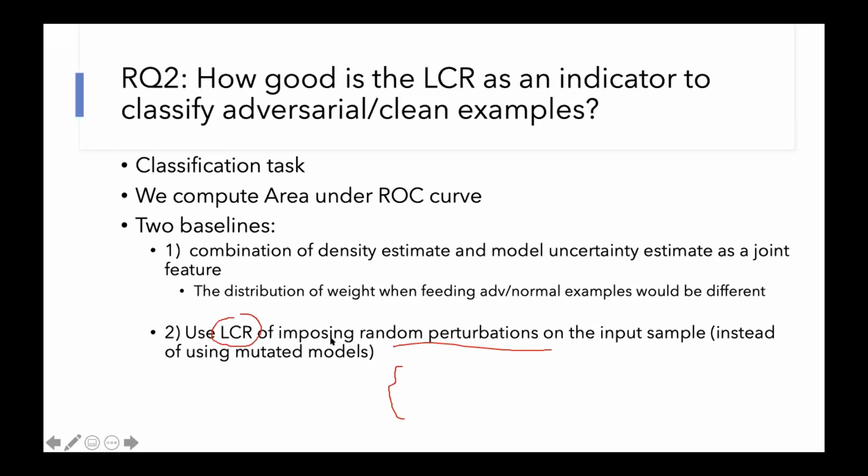No, here I'm going to apply random perturbation on both adversarial samples and clean examples, and then observe the label change rate. Their label change rate should also differ. Okay. Oh, yeah. And the label change rate for adversarial samples should be higher when applying random perturbations.